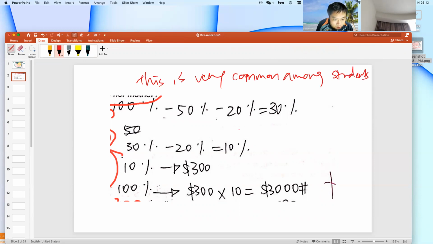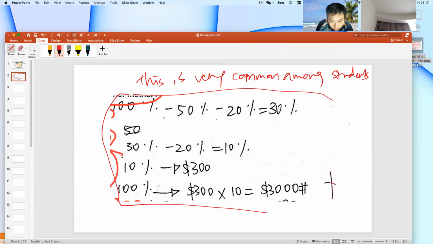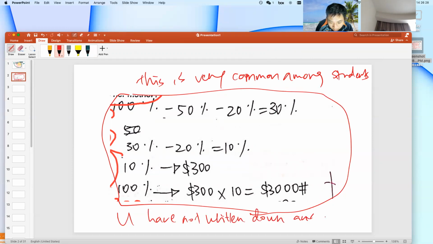What is so common among students in this working is you have not written down any statement.